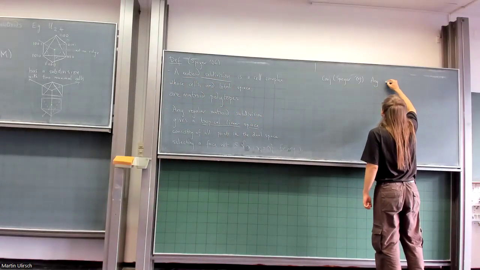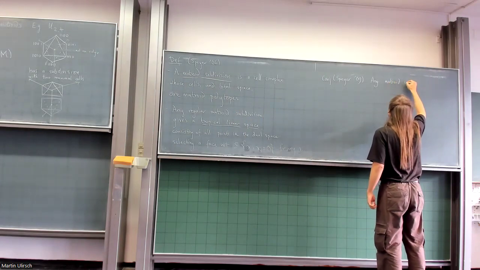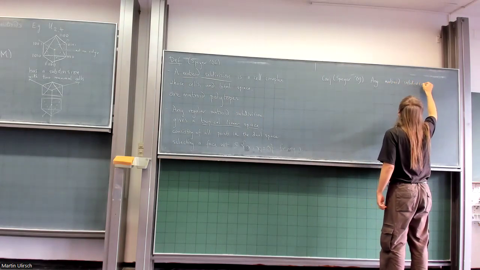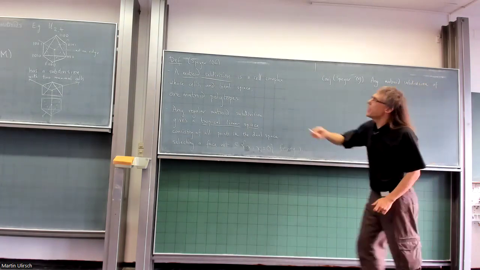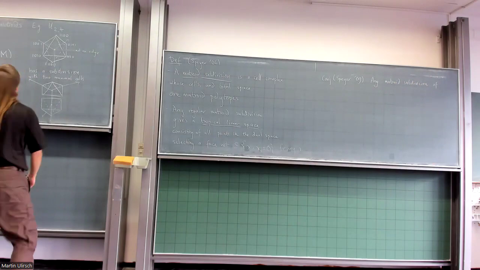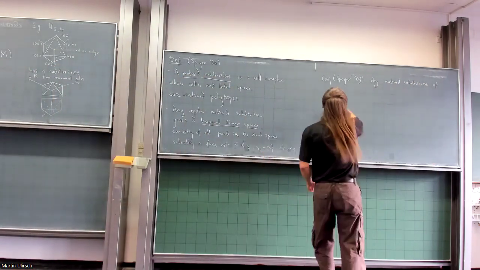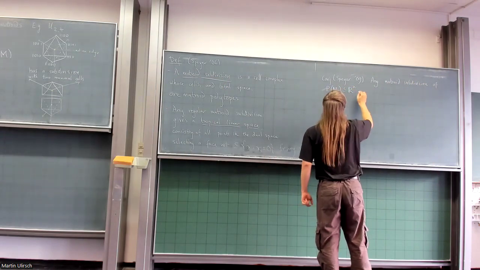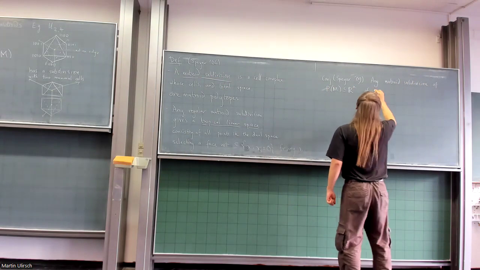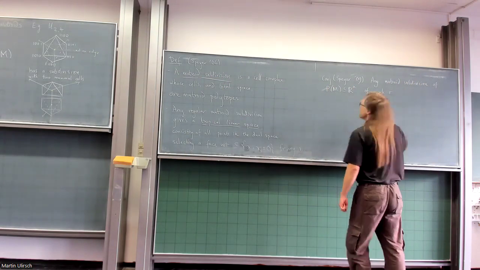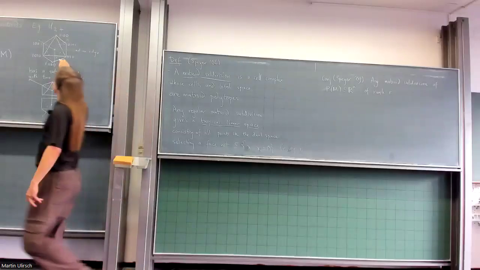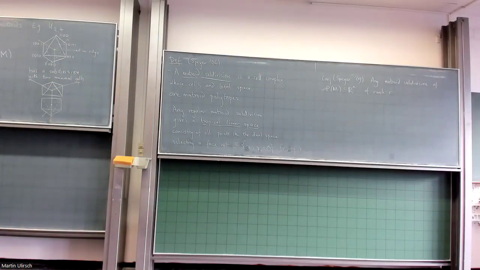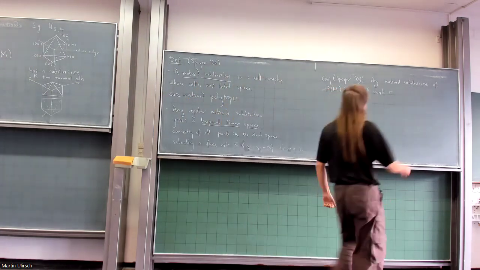Any matroid subdivision of, okay, there's an n as a parameter in my definition of matroid, so n is that n, and another parameter is rank. The rank is the sum of the coordinates of any point in the matroid polytope. That has to be constant because these things have coordinate sum 0. It's the rank of the matroid in the usual sense, if you know what that is, of rank R.